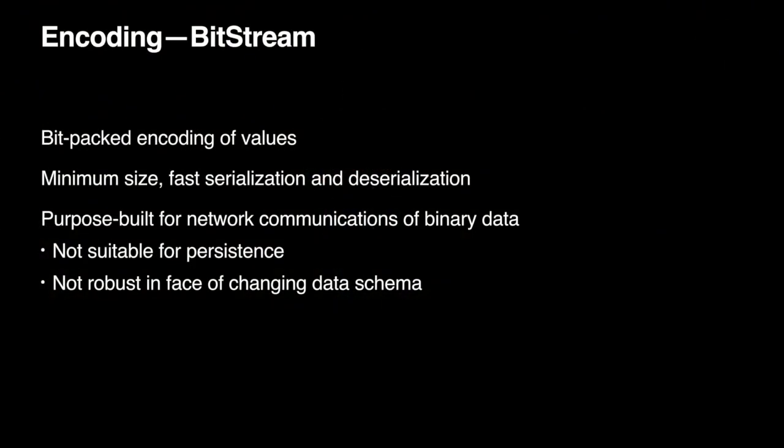Now, our implementation is purpose-built for communicating binary data with low latency in an application like this. A strategy like this wouldn't work well for data that needs to persist or data where you need to keep track of the schema and watch it changing over time. But for an ephemeral application like this, it was just the thing.